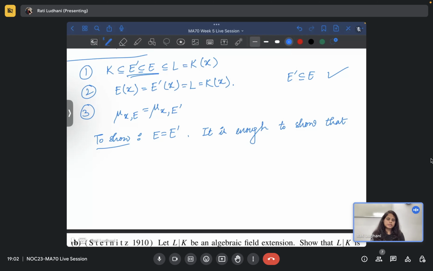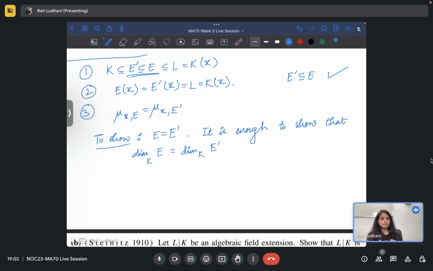And what does it mean to have size in a vector space? It's exactly the dimension. So it is enough to show that the dimension of E is the same as the dimension of E' over K, over the same field. Why am I saying that dimensions are same? Because these are not infinite.